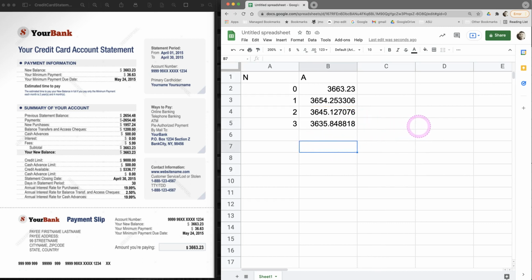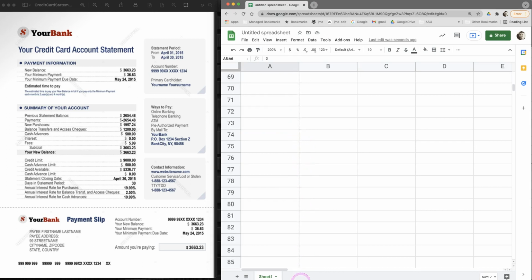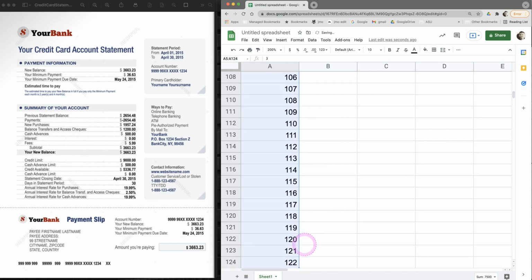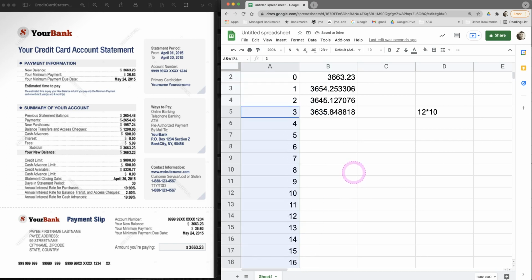Now, according to our formula, the $70 payments came from paying every month for 10 years. That's a total of 120 payments. So we need to keep this process going, right? And the spreadsheet tools make this pretty easy to do. Let's keep this process going for 120 or so payments.